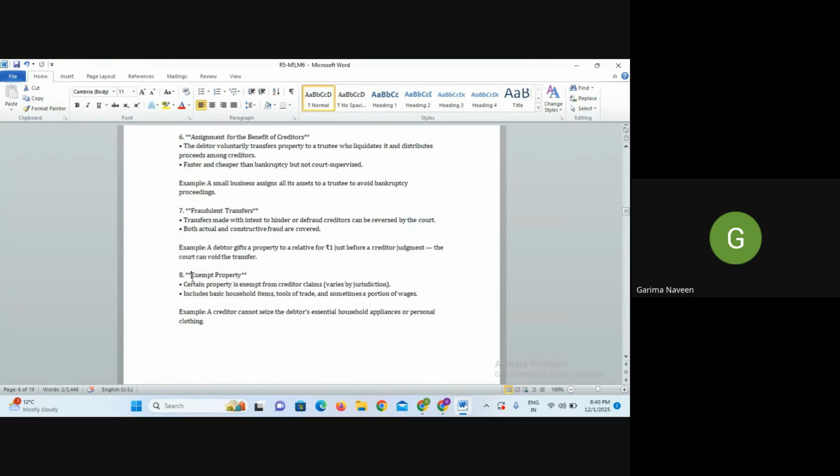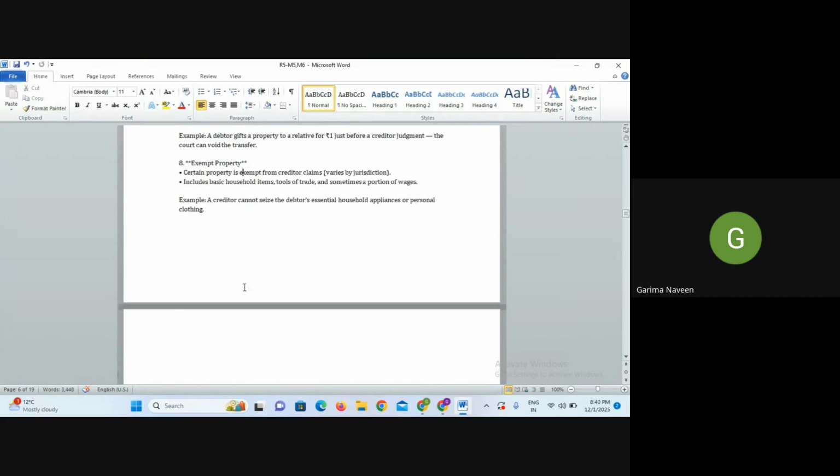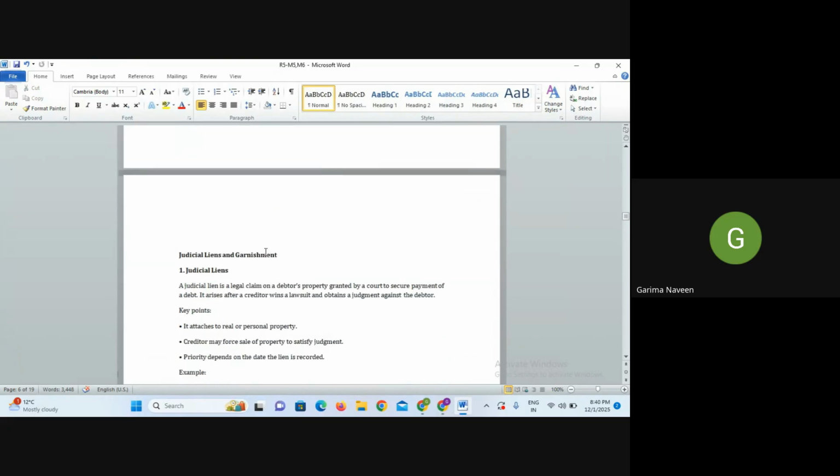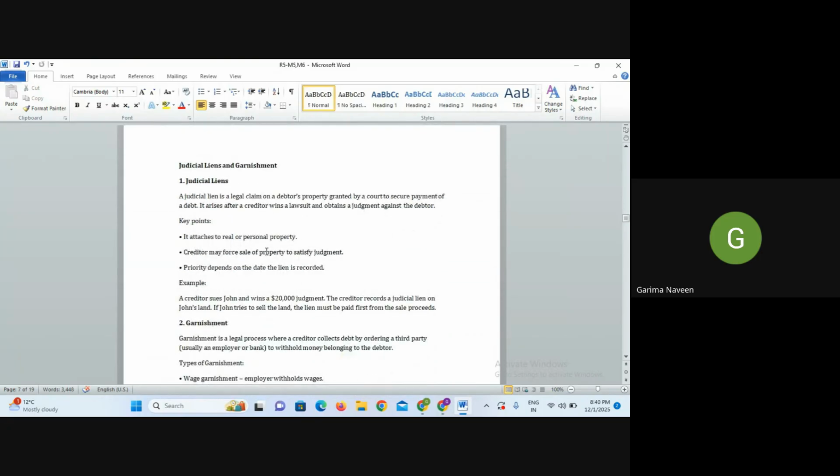Exempt property means some of the property which is exempted from creditor claims, like household items, tools of trade, sometimes a portion of wages, clothing, medicines.